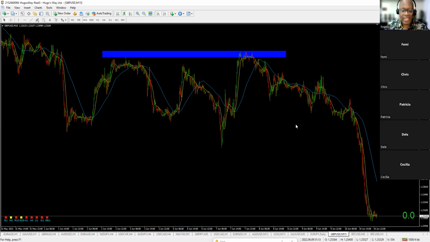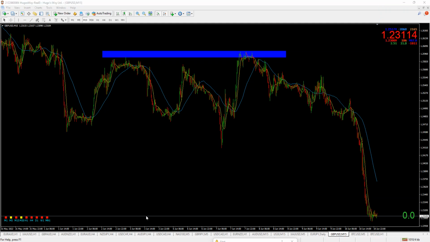So you could say this is an area of resistance. This blue block represents resistance. We're also going to seek to do it with support.